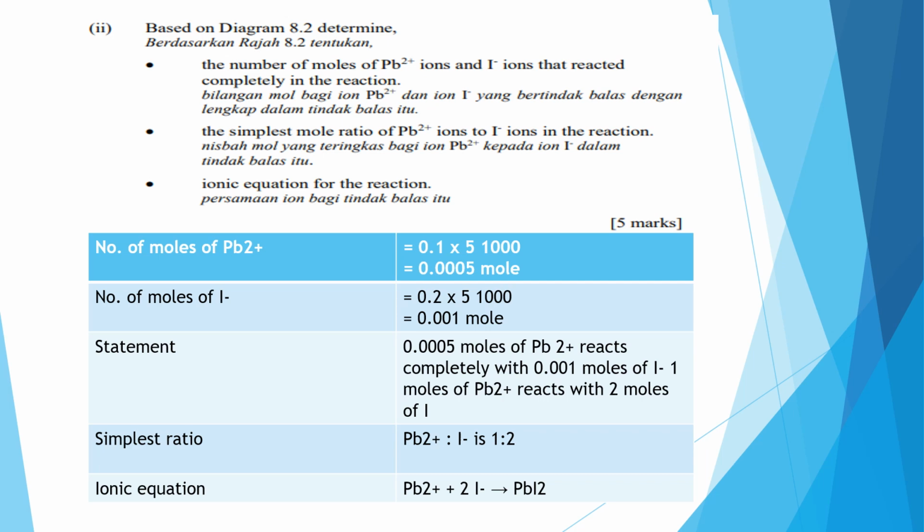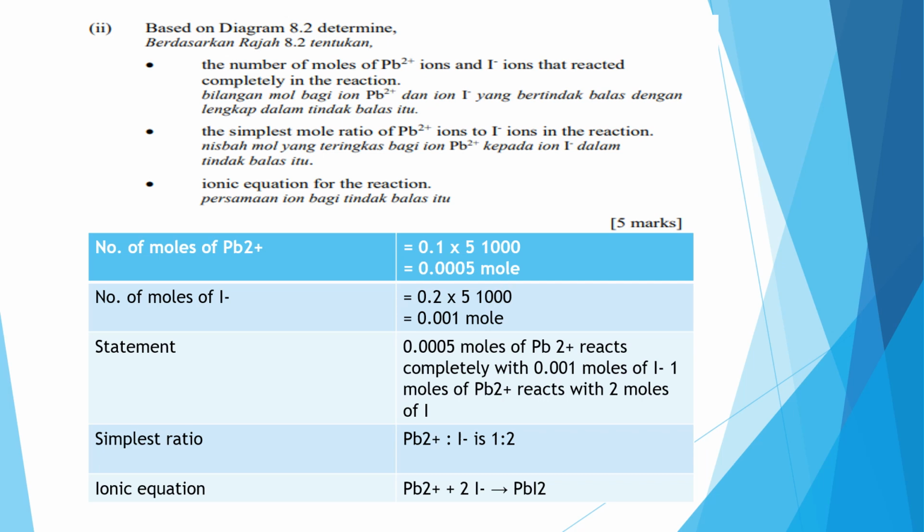So for the number of moles of lead-2 ions, we must multiply 0.1 with 5/1000 and we get 0.0005 mole. For the number of moles of iodide ions, we must multiply 0.2 with 5/1000 and we get 0.001 mole.